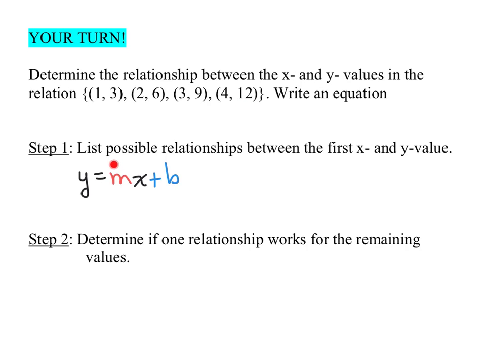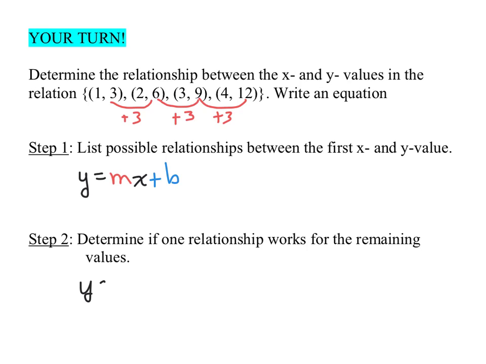We learned in the previous example that common difference oftentimes becomes m. So maybe if we multiply x by 3, this common difference that we see here, from here to here we're adding 3, from here to here we're adding 3, and from here to here we're adding 3. So we're going to let that become the coefficient of x.